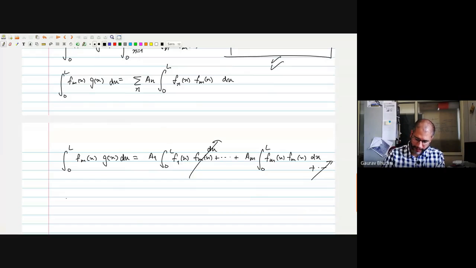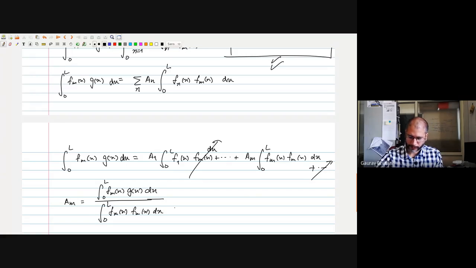So what we finally get is an expression for a_m. a_m becomes the integral from 0 to L of f_m(x) g(x) dx, divided by the integral from 0 to L of f_m(x) f_m(x) dx.